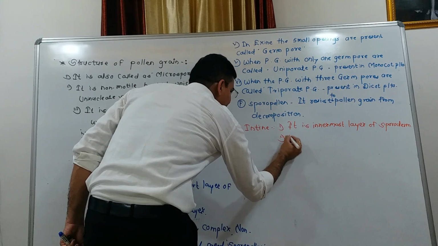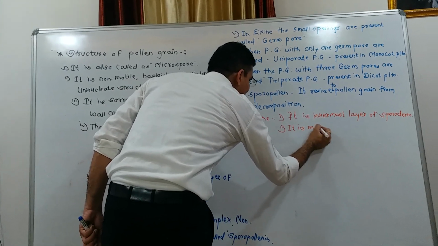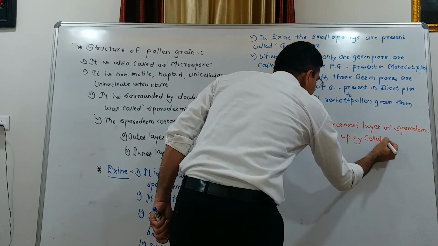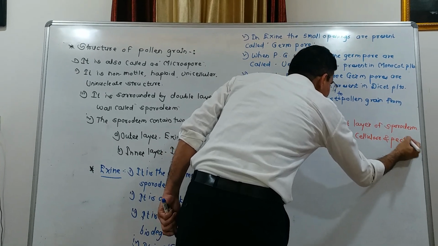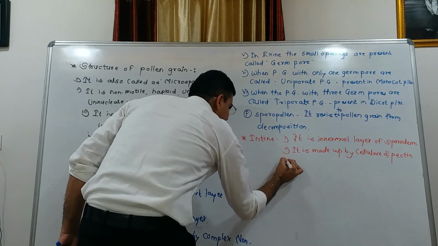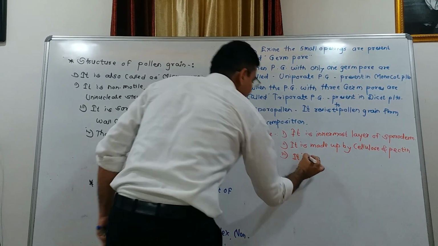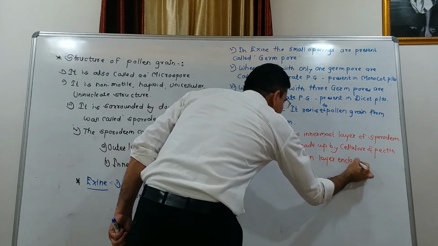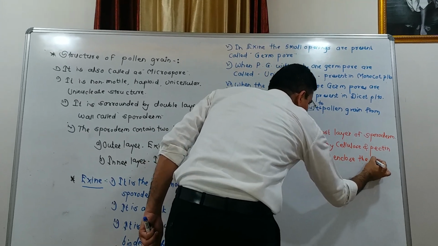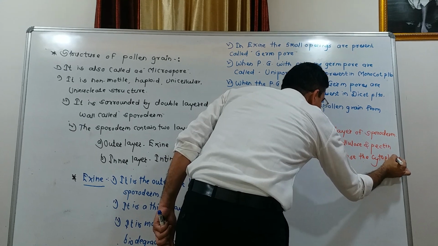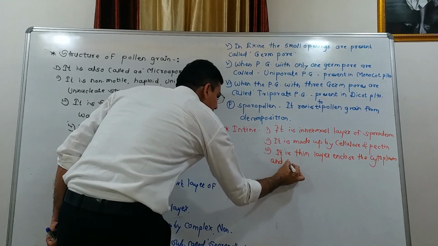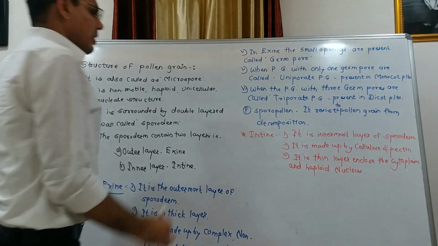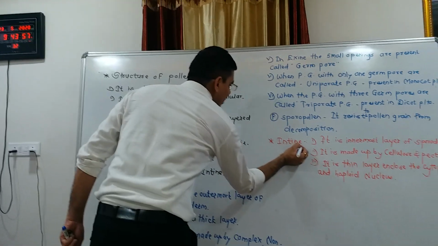It is made up of cellulose and pectin, and it is a thin layer that encloses the cytoplasm and haploid nucleus. Okay, so this is the information about intine.